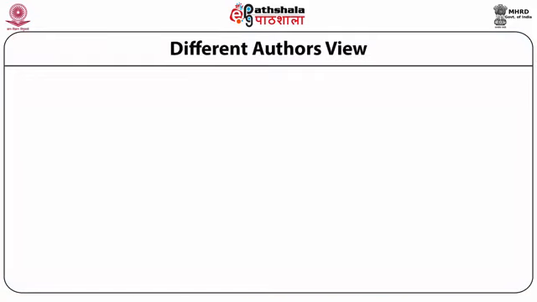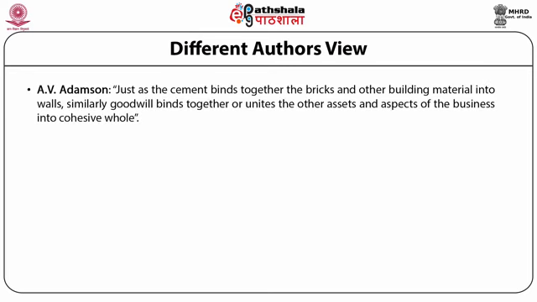Different authors' views regarding goodwill are given here. According to Edmondson, just as the cement binds together the bricks and other building material into walls, similarly, goodwill binds together or unites the other assets or aspects of the business into a cohesive whole.